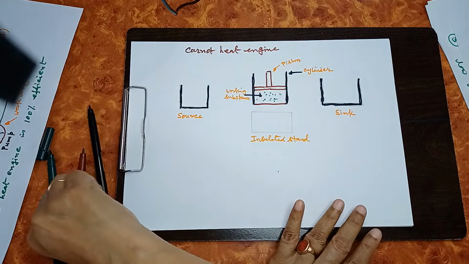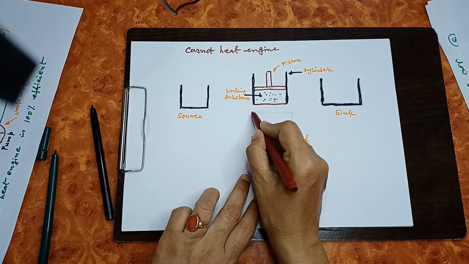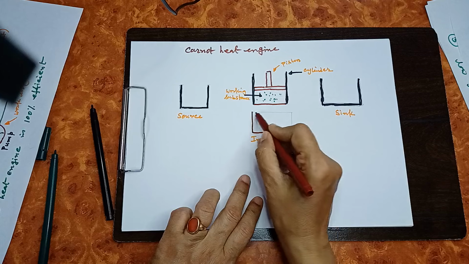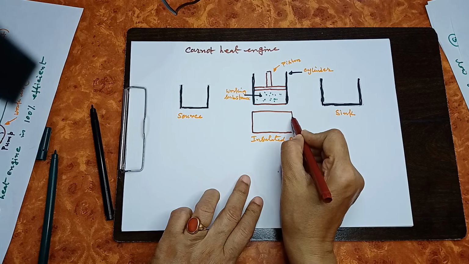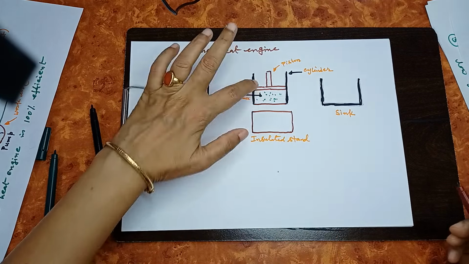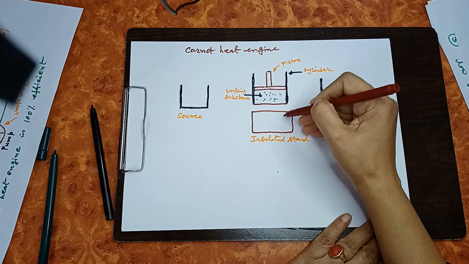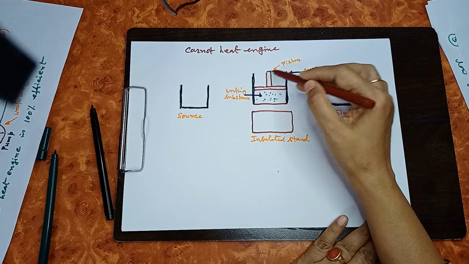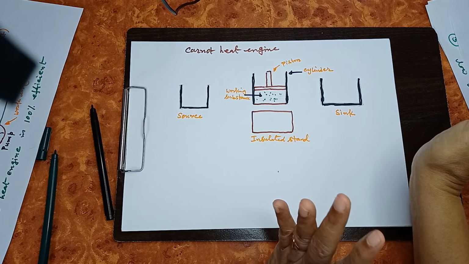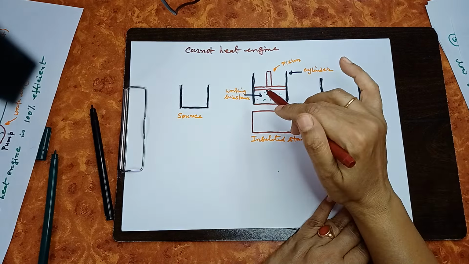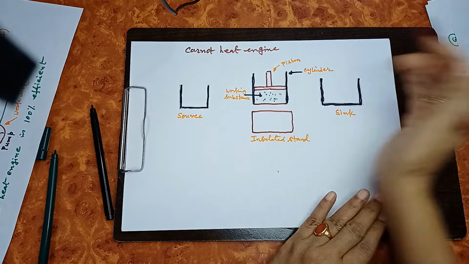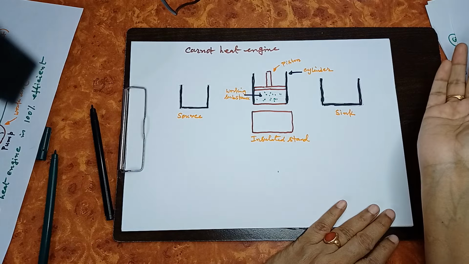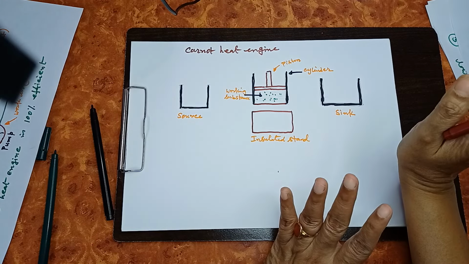What is the another part? The last part is this insulation stand. If the base of this cylinder is attached to this insulation stand, then this entire thing will become insulated. No heat will be absorbed from the surroundings, or enter the system, or be released to the surroundings.